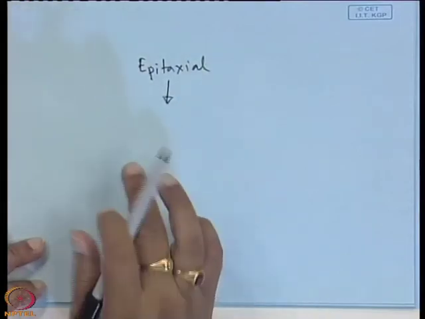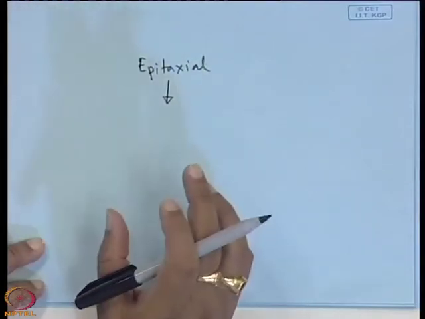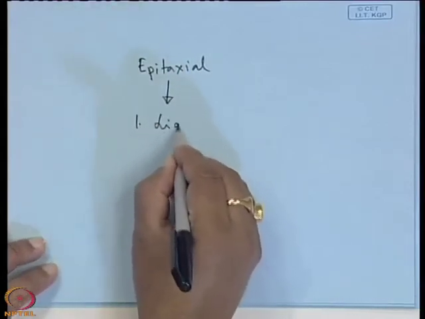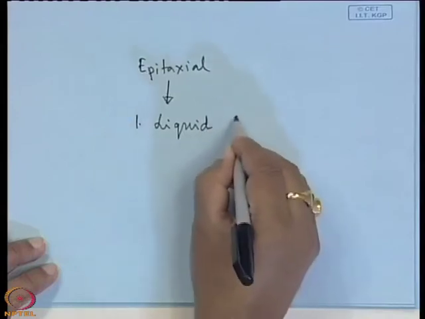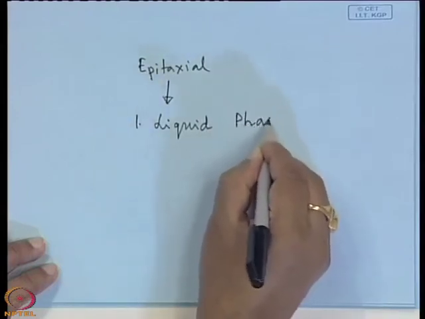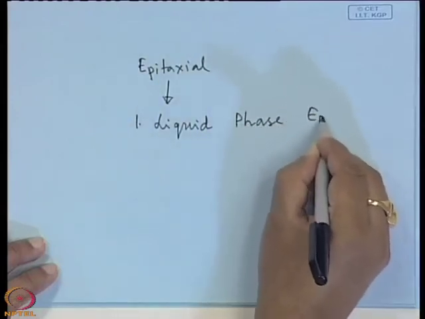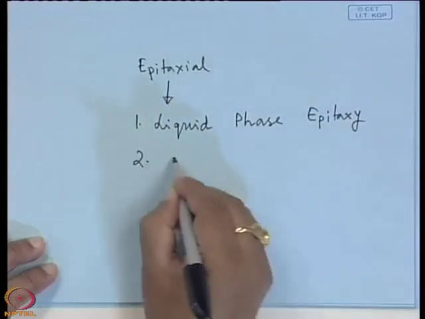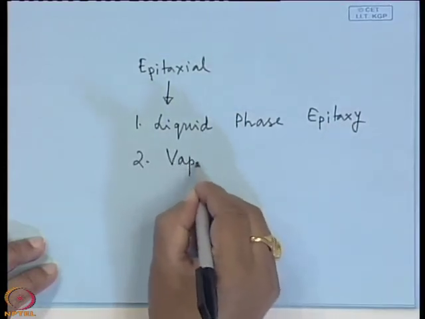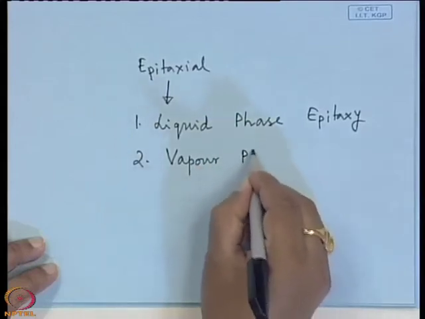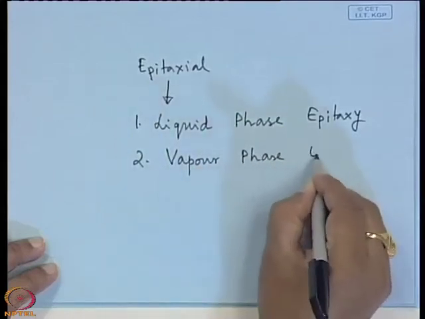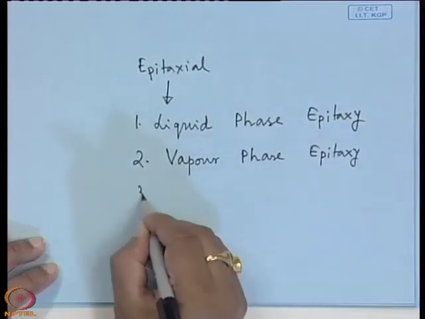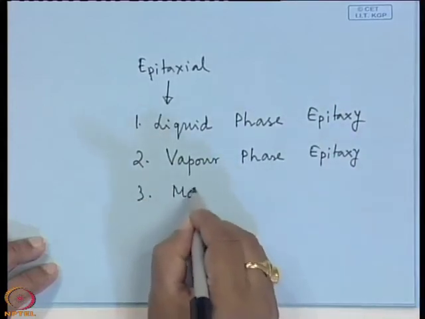There are epitaxial techniques or epitaxial machines. One is known as liquid phase epitaxy. Number 2 is vapor phase epitaxy. And number 3 is molecular beam epitaxy.